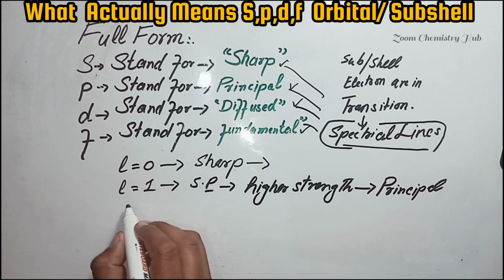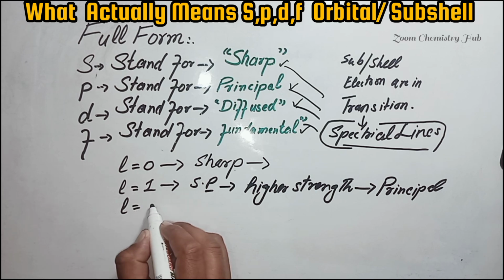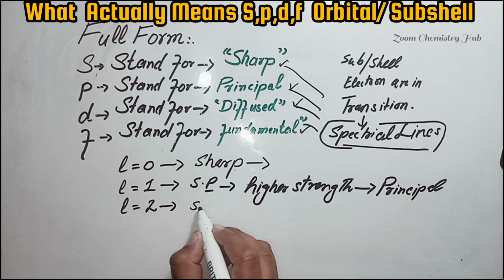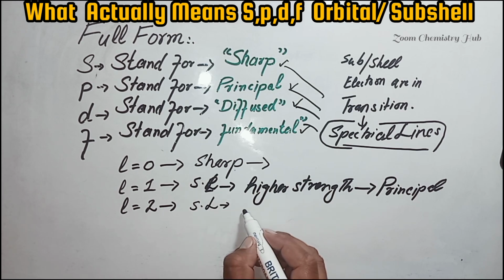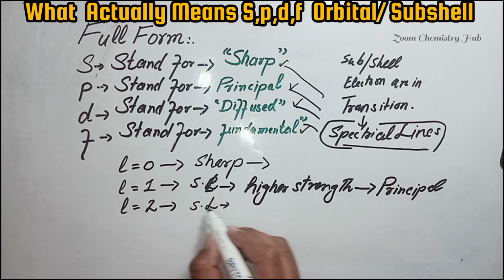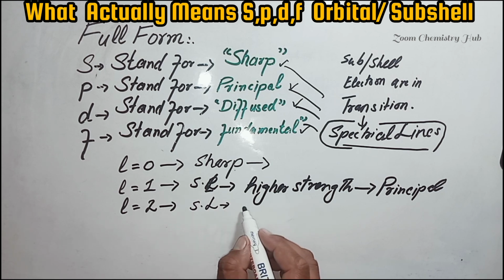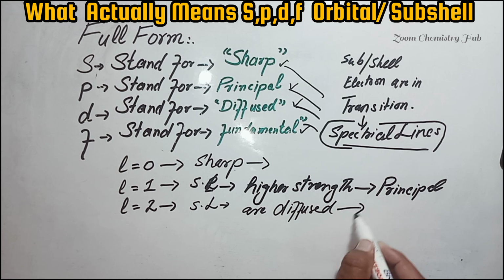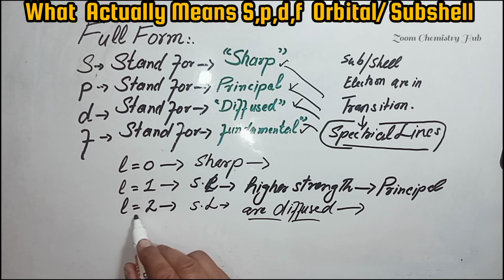Similarly, when the L value is 2, the spectral lines are termed diffuse. So these diffuse lines are actually due to this value.